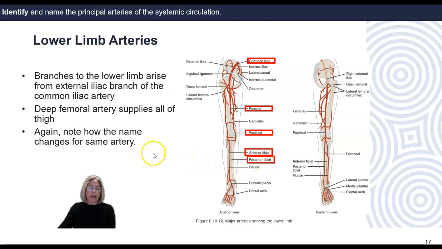So again, just remember that the artery here that we're talking about is being named after the regions of the leg that it's passing through.